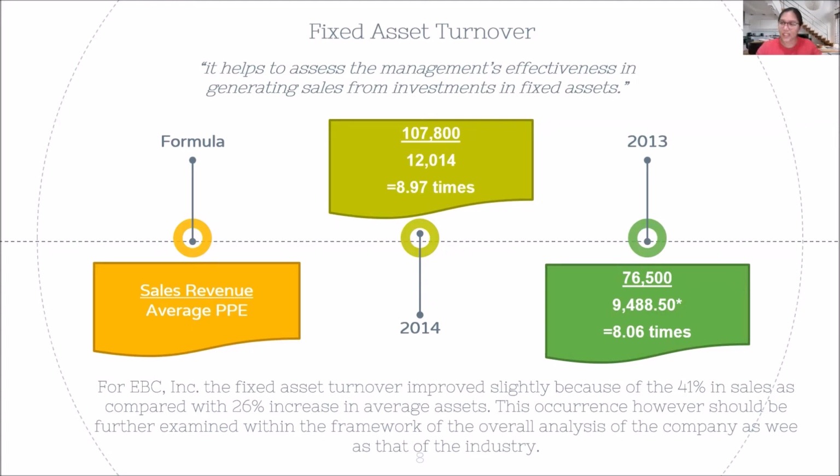Hindi ko na pre-present, class, but I have asked you naman to prepare the horizontal and vertical analysis. When you do, you can see there na nag-increase yung sales natin, di ba? Pero yun nga, slightly improve lang siya. Then let's check with other turnovers later, the inventory and receivables.